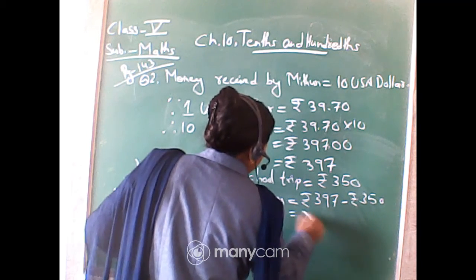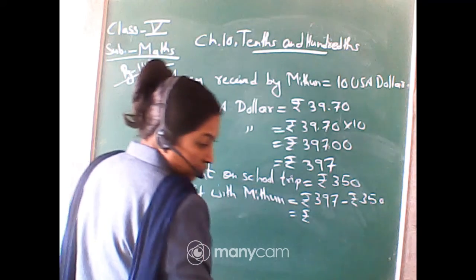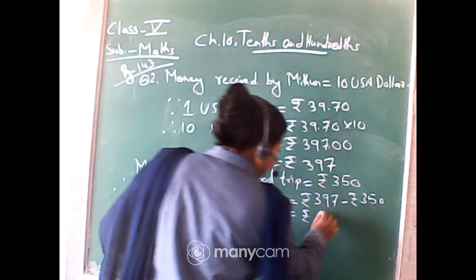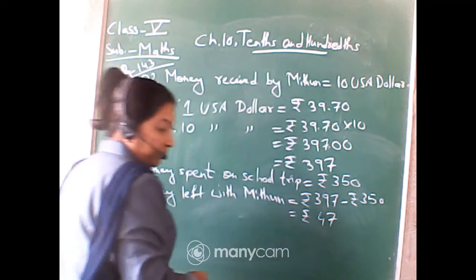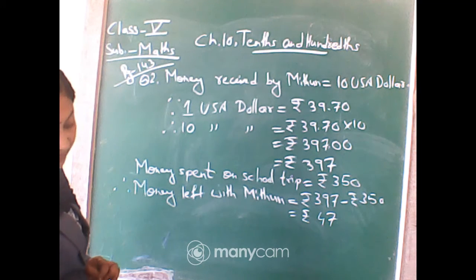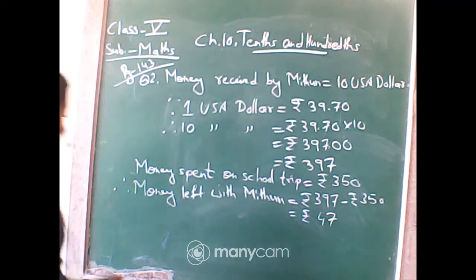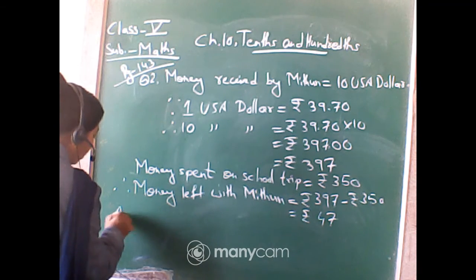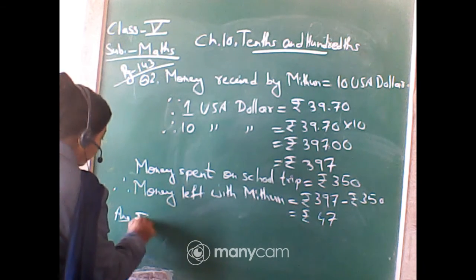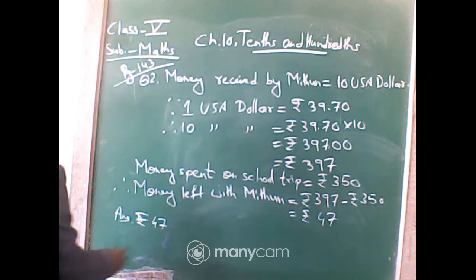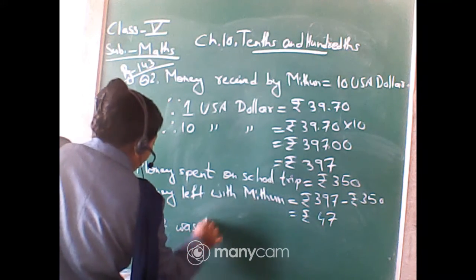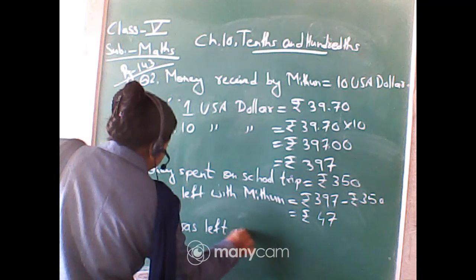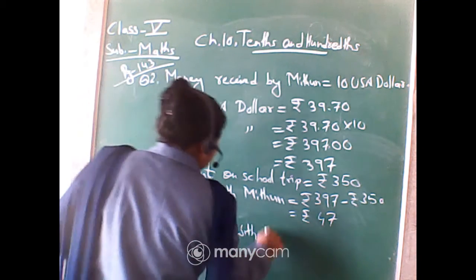When you subtract, what answer are you getting? Yes, very good, 47. So the answer will be: 47 rupees was left with Mithun, or rupees 47 was left with Mithun.